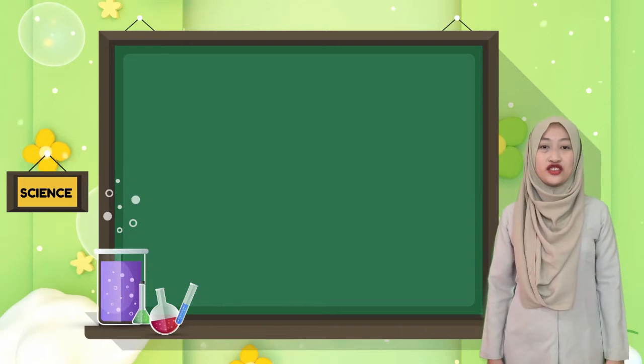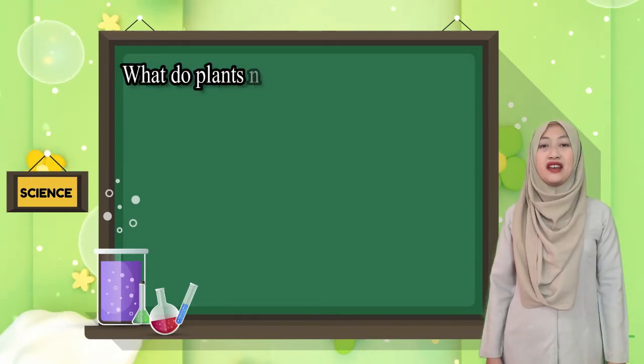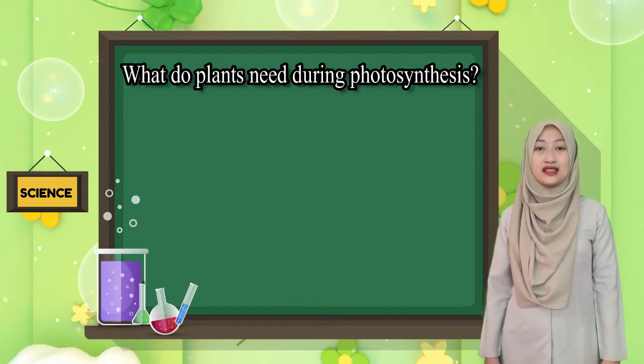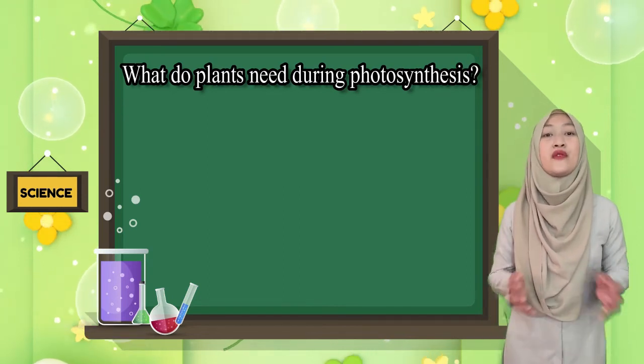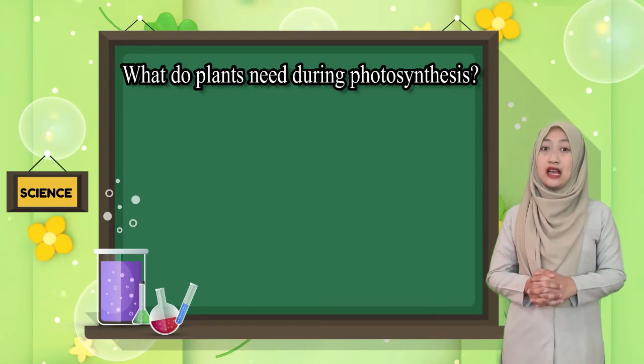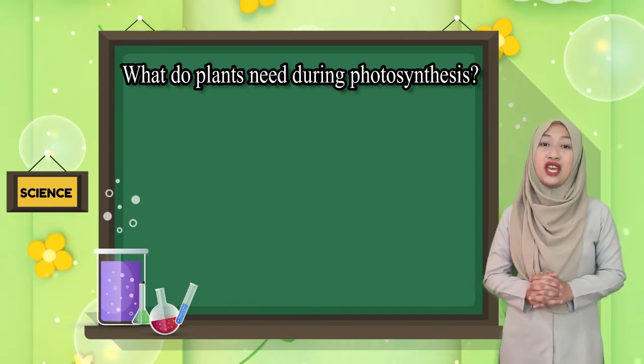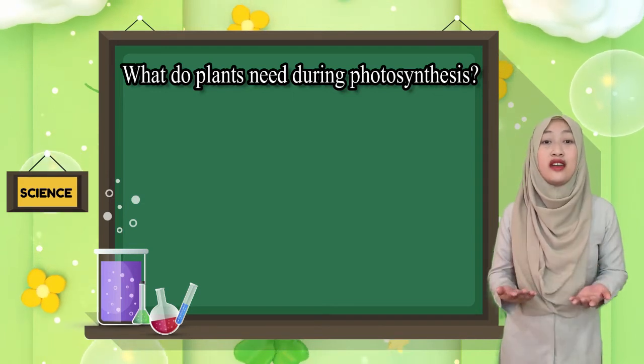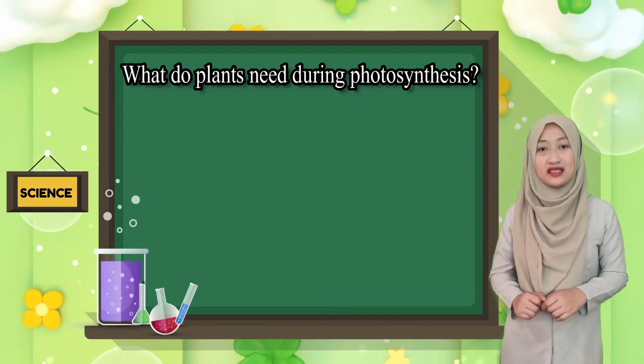To the next question. What are the materials needed by the plants in order for them to undergo photosynthesis? As you may have known from other processes, like for example cooking, you need all the ingredients first before you can cook. Now, that is the same with photosynthesis.